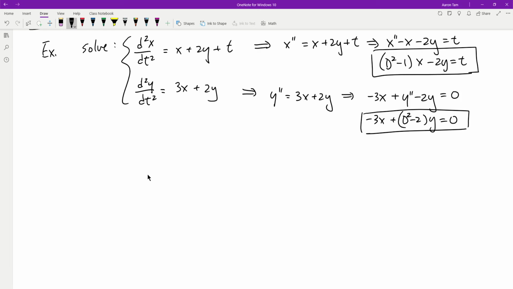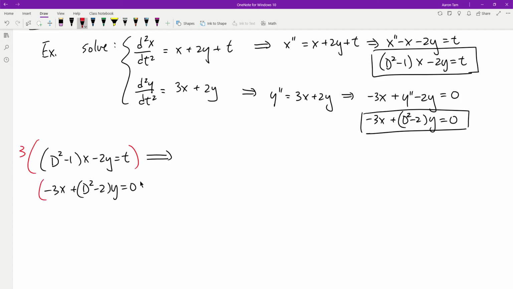Now what I'm going to try is the elimination method. I'll write down my first equation, and here's my second equation. To eliminate, once again, it's really up to you which one you want to eliminate first. I don't have a preference. I guess we can eliminate x again and see what happens. So I'm going to multiply the first equation by 3, and the second equation by d squared minus 1.